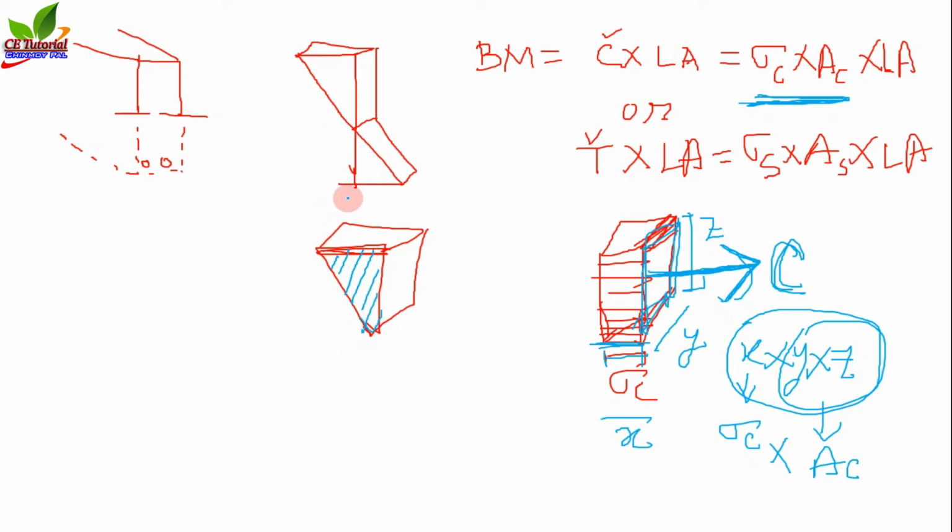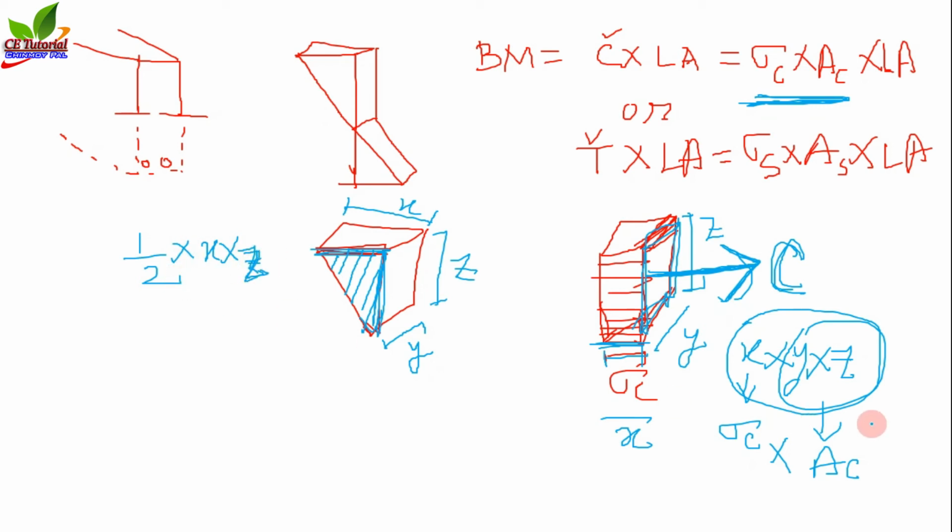Suppose this dimension is X, this is Z, and this is Y. Half multiplied by X multiplied by Z is the area.